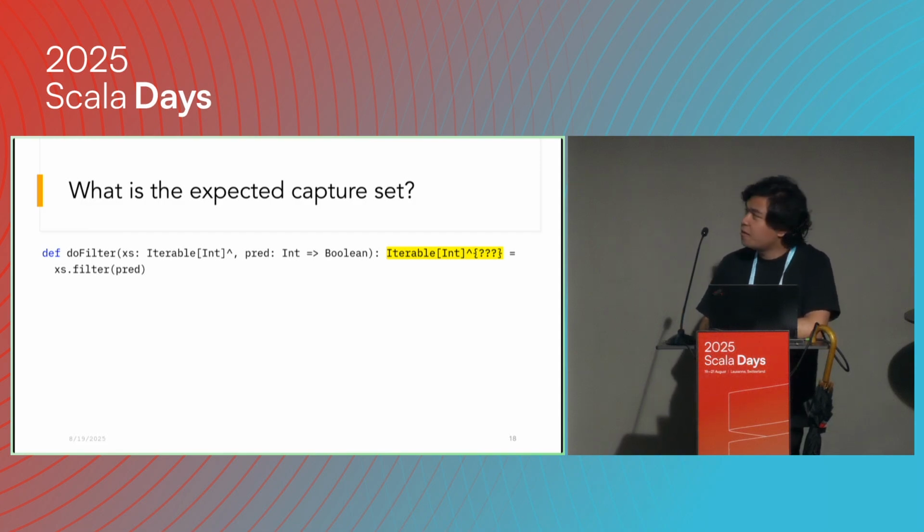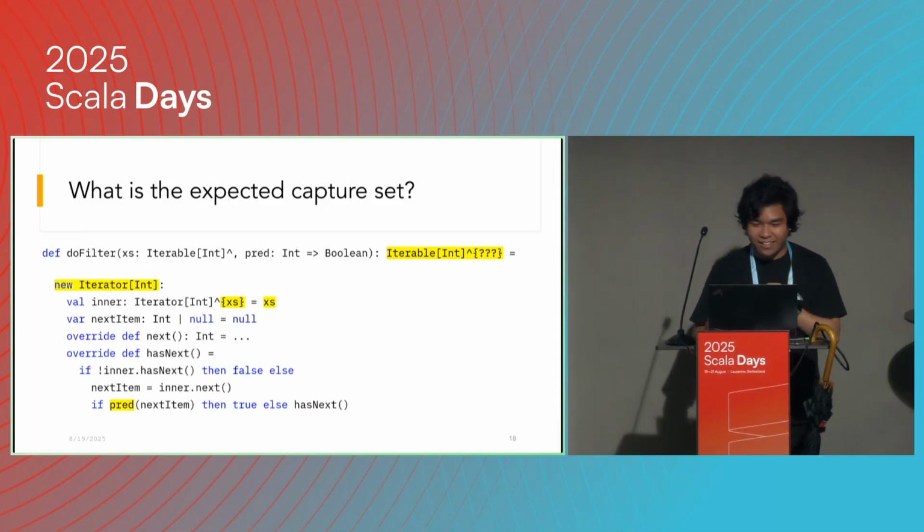So we have a function doFilter that just takes an iterable and a predicate. Both of them can capture anything. And you just do the filter, right? Take the iterable, call the filter on the predicate. What is the capture set of the returning iterable? Exactly.